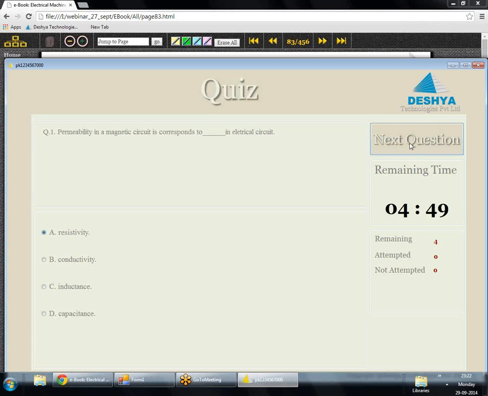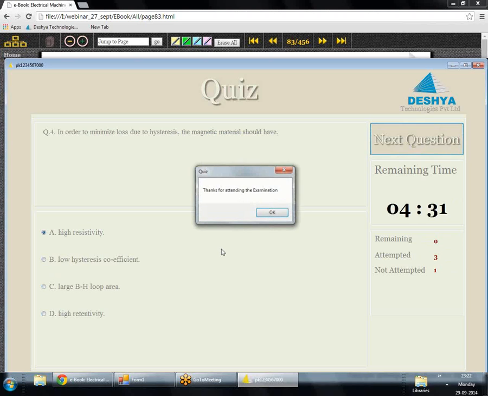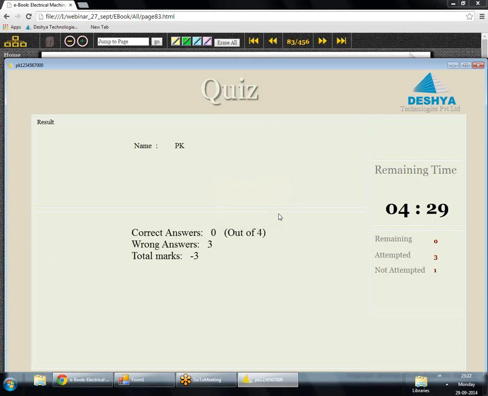I click on the first question and then I go to next. For the second question, I want to skip because I'm not sure what the correct answer is, so I skip it. Here you see the real-time statistics of the question appears, and then I go to the next question and the next, and with that I have finished my quiz.